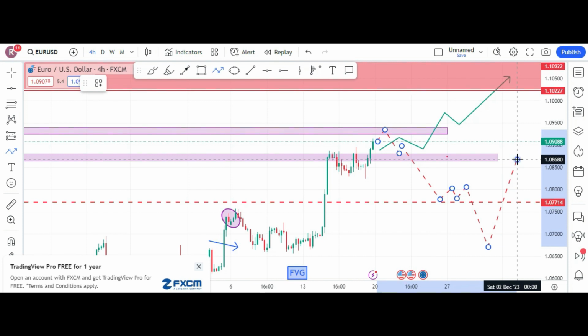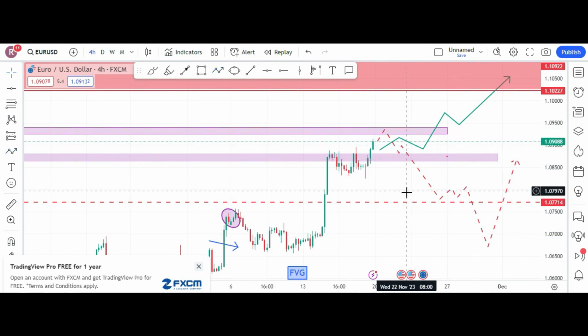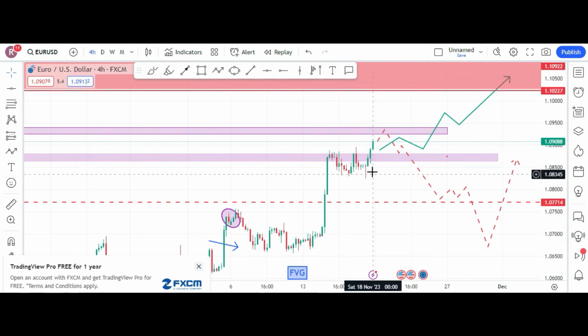This is a very complex area where we are operating at the moment, because you can see the liquidity has already been taken out by this guy.